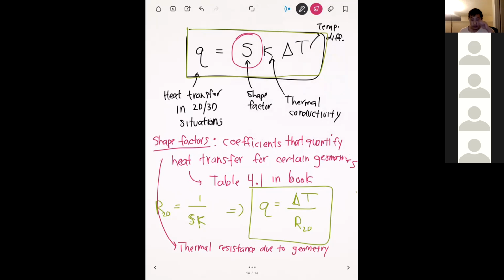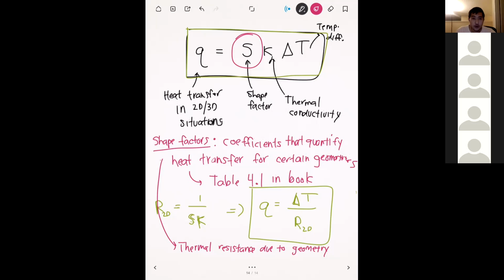Okay. Right. And so when we do an example, probably we'll do the example next week because we're just about out of time. You'll see that you can use this shape factor basically exactly like a thermal resistance that we've done before. Okay. It's just that they illustrate the fact that in 2D and 3D, you have additional resistance to heat transfer purely based on the shape of your object. Okay. All right.